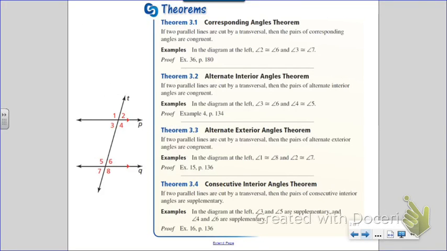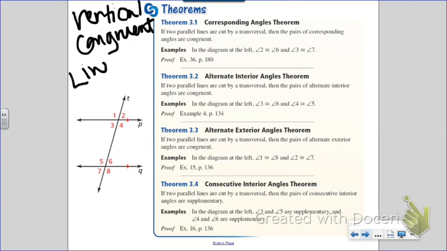Our angle pairs that we learned in the last section each have a description about whether they are congruent or supplementary. Let's add some other angle pairs besides these four pairs of angles, which are vertical angles. Those are congruent, and a linear pair.